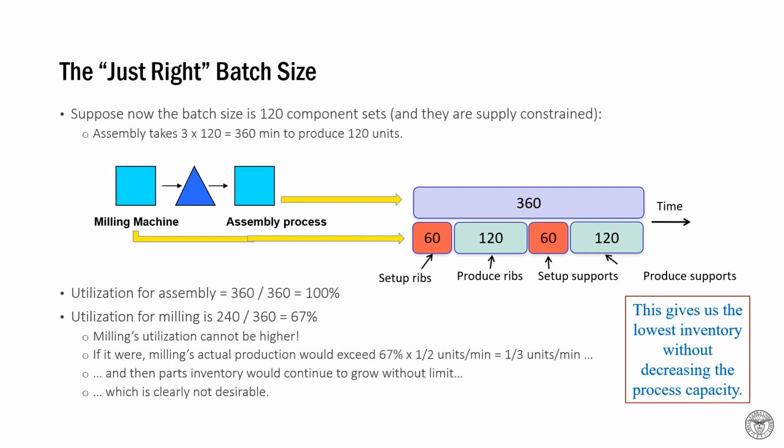So, by choosing a batch size of 120 component sets, we can achieve the lowest inventory level without decreasing the process capacity. It represents a balance that maximizes efficiency and minimizes inventory buildup, leading to a more effective and cost-efficient operation.